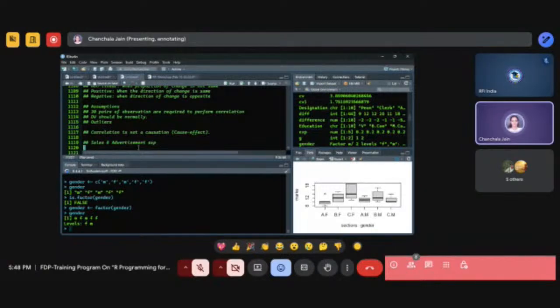Sales, we all know. Advertisement expenditure, we all know. Because we see so many different advertisements on soap operas on television, or when we go to watch a movie. Even in the multiplex we can observe many advertisements, right?